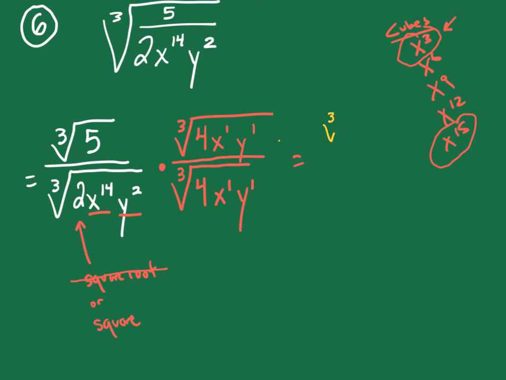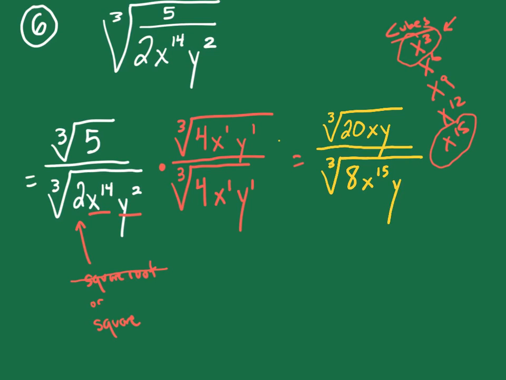So we've got cube root of 20xy on top. On bottom, cube root of 8x to the 15th. Remember, you're adding those exponents. And then y to the third. Everything on the bottom should be a perfect cube. So the cube root of 8 is 2.